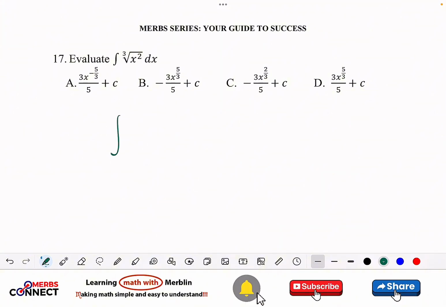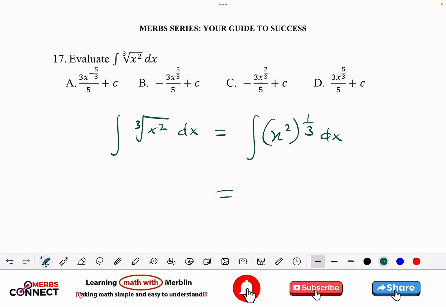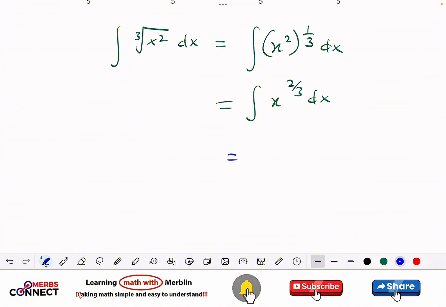So the integral of the cubic root of x squared dx, this is the same as the integral of x squared all to the power 1 over 3 because of the cubic root. And this is the same as x to the power 2 over 3 dx. And then I integrate this and I'm going to add plus 1.